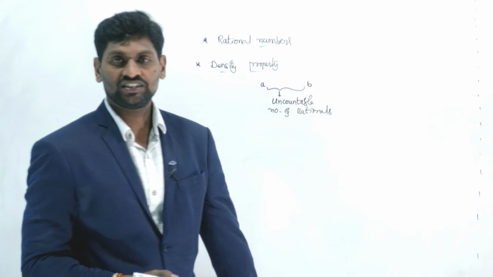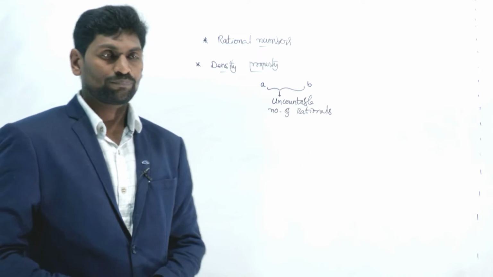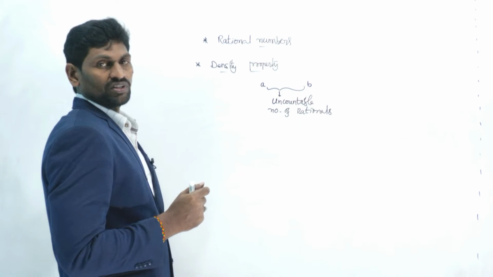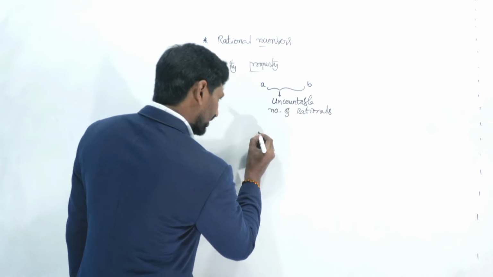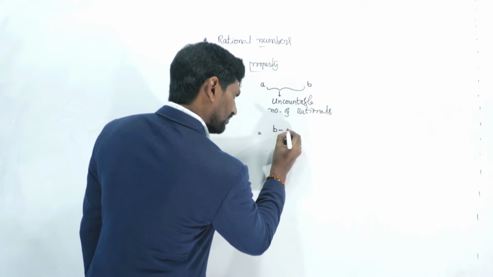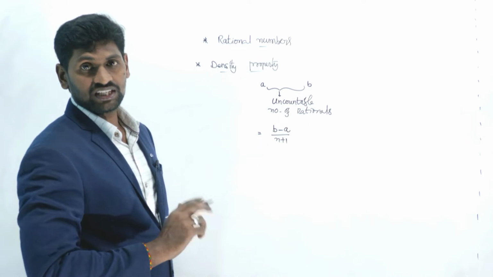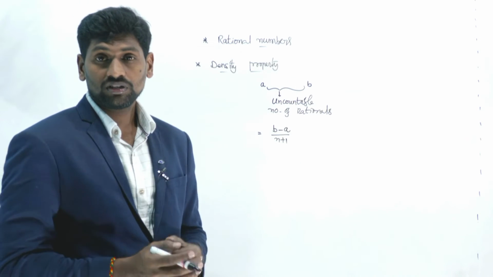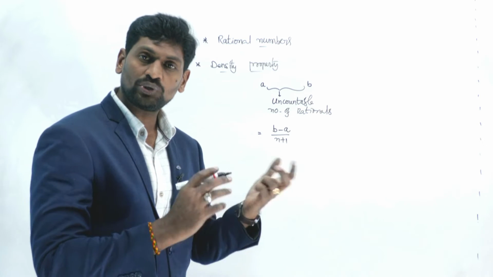This property is called the density property. Now for example, A and B are two rational numbers, then the number between them is b minus a by n plus 1. This is the number of rational numbers we can insert between them, right? 10, 20, whatever.